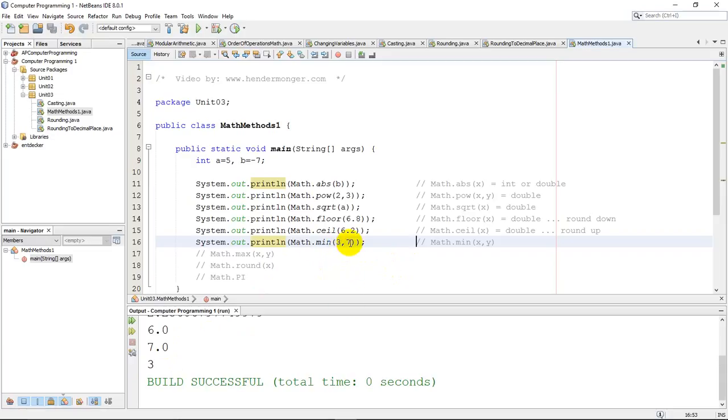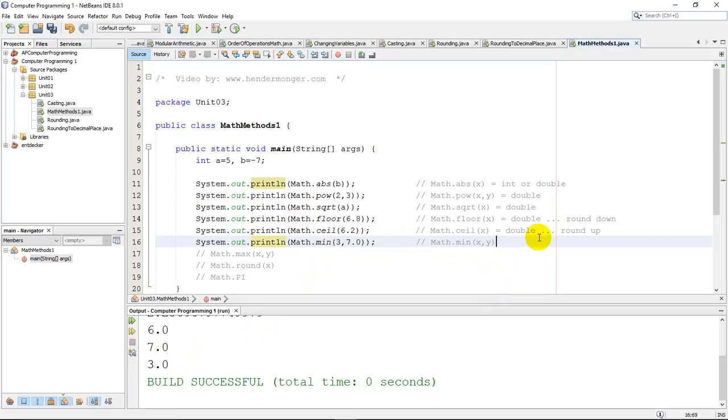Now, a few things to mess around with here: what if I add a double? What if I compare an int and a double? Notice now it gave me 3 as an answer, but it gave me 3.0. Because remember, the pattern with Java is it will return the most precise data type that you give it. In this case, I gave it a double, which is more precise than an integer, more accurate, has more memory.